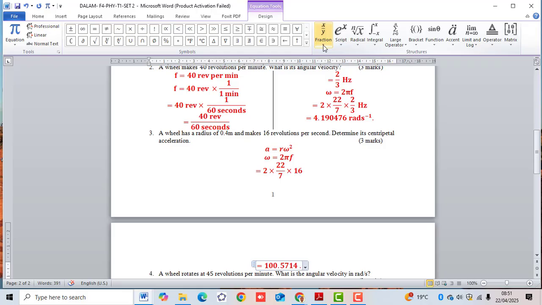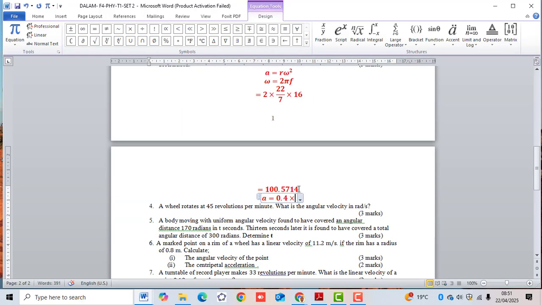It's not our angular acceleration, it's our centripetal acceleration. So my a will be equal to the radius, which is already in meters. You should reduce the radius to meters. Then I multiply by our angular velocity, which is here.